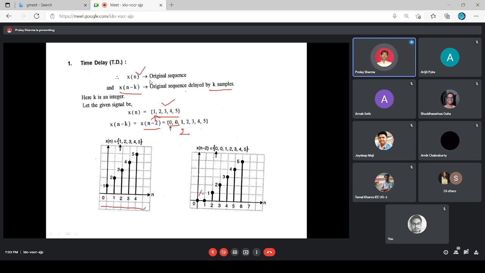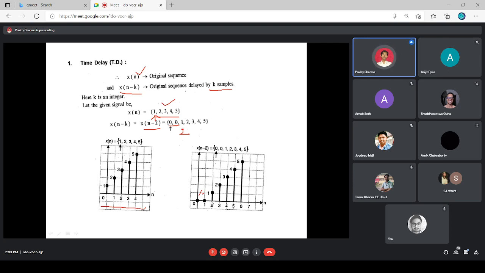Suppose x[n] is the original signal. If the signal is delayed by k samples, how will it look? Signal is delayed means, suppose this is the signal, amplitude is 1 2 3 4 5. Signal is delayed means we are getting the signal after some time.